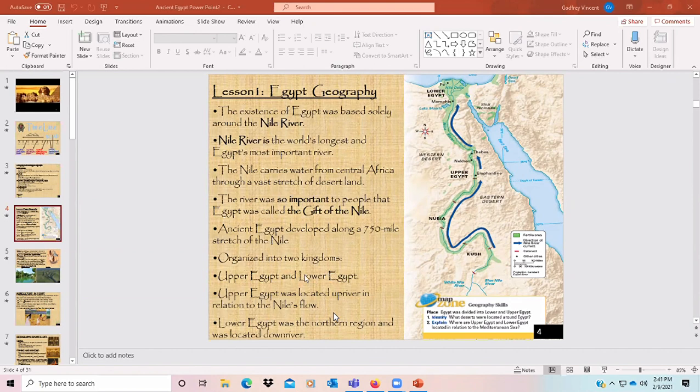So ancient Egypt was divided into two kingdoms. You have Upper Egypt and Lower Egypt. And you see that the Nile, this region here is a delta. If you live in Mississippi, Louisiana, and some states, there are deltas.